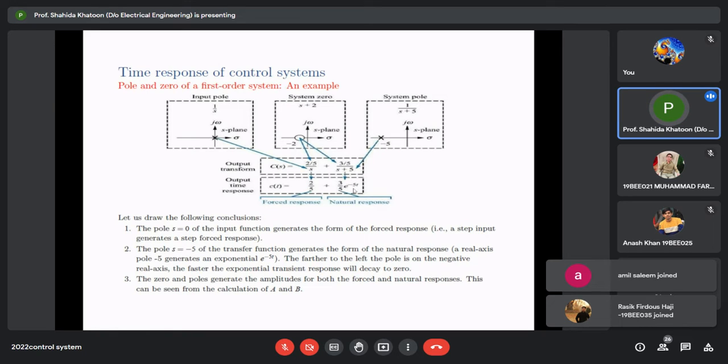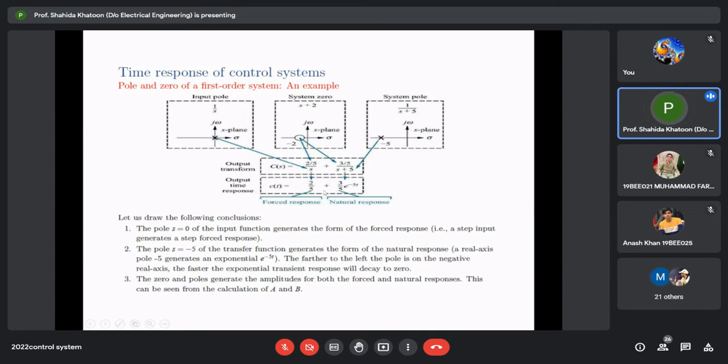And the zeros and the poles generate the magnitude amplitude of both forced and natural responses, right? 2 by 5 and 3 by 5.